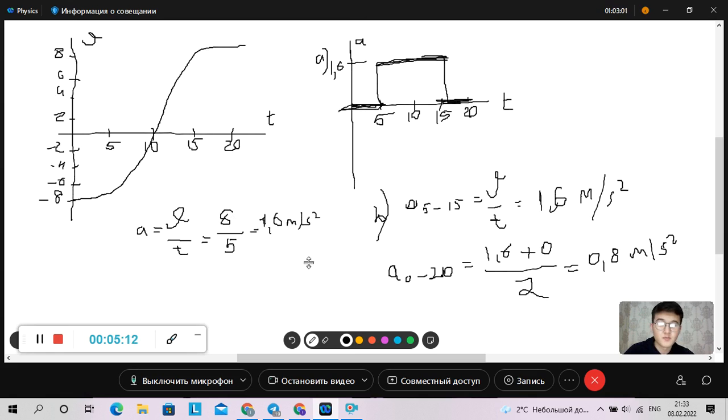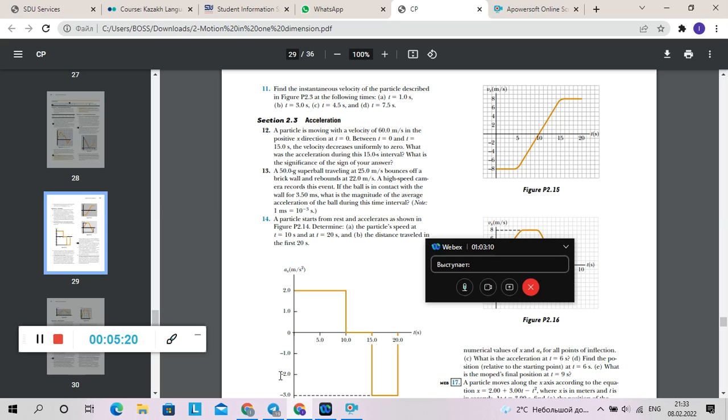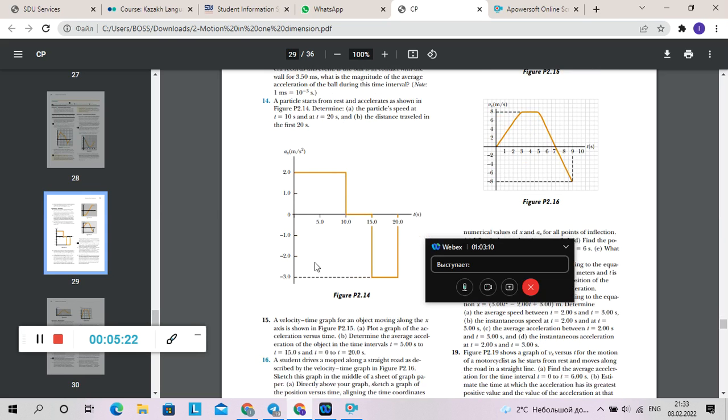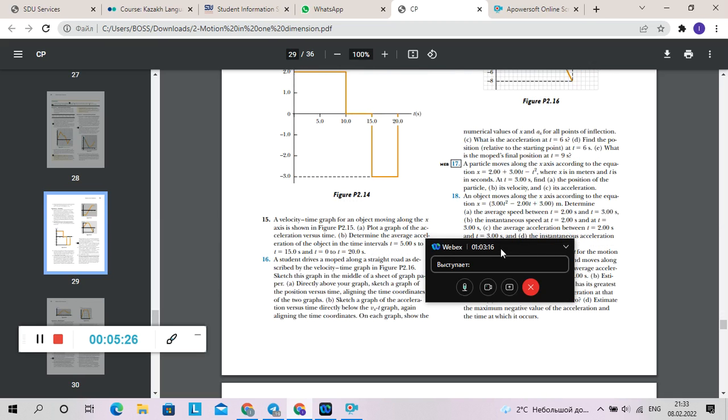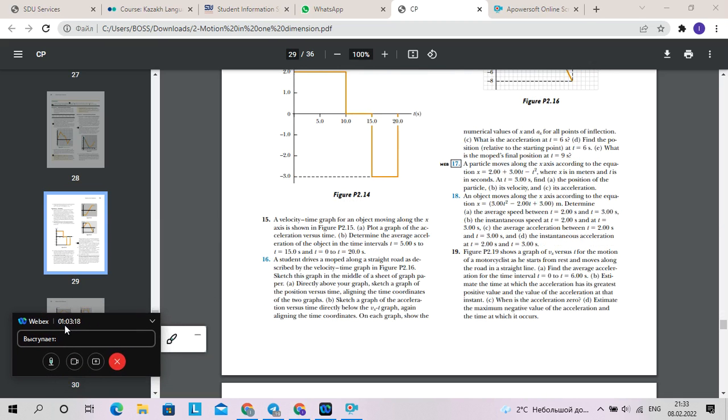Okay, the first is done, and our second question is the 16th question. A student drives a moped along a straight road and describes the velocity-time graph in the figure on page 2.